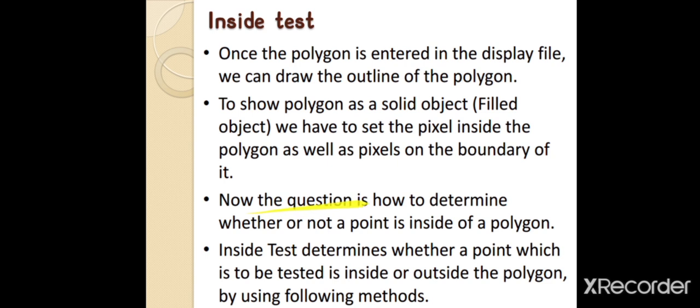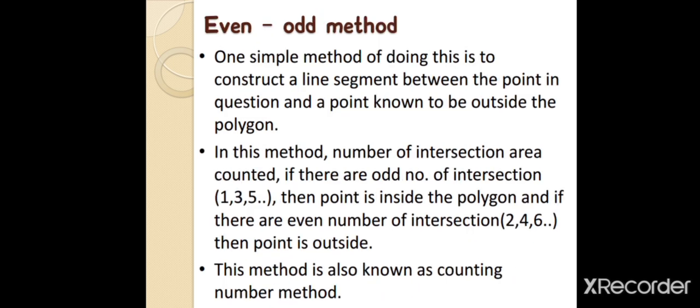Now the question is how to determine whether or not a point is inside the polygon boundary or outside. So the inside test determines whether a point to be tested is inside or outside the polygon by making use of the following methods: the even odd method and the winding number method.